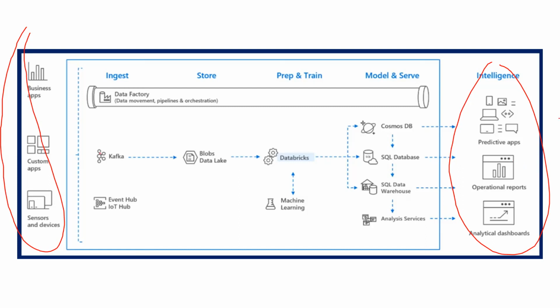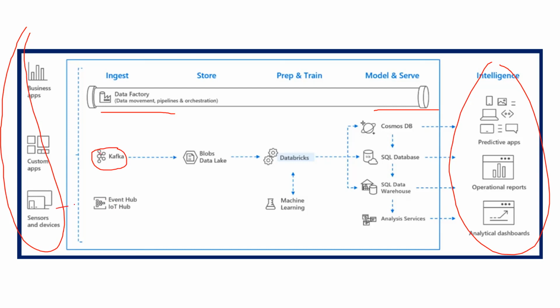So here you see the first line inside. Now let's move on to inside this. First is ingestion. Ingestion is where Data Factory will ingest the data into the big data storage, which could be Apache Kafka. This is where your data is stored. It could be your IoT hub where you have sensors getting the data.